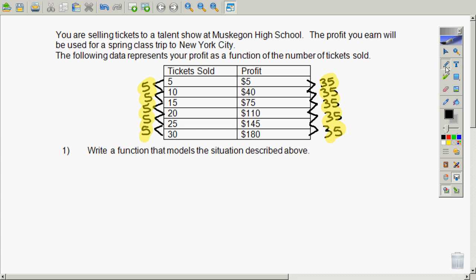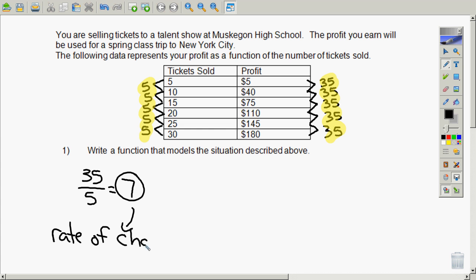So to get that, we would do 35 divided by 5. So it looks like our rate of change is 7. That is our rate of change.